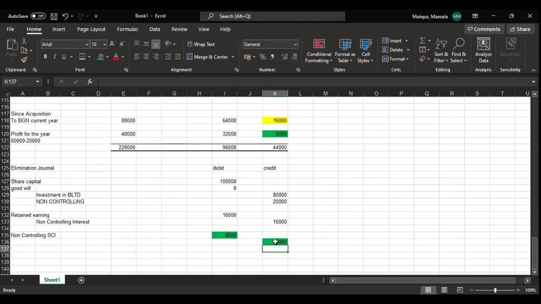So remember, in most cases, the SFP, we credit in most cases. So the non-controlling is gonna be credited on the statement of financial position, and it will be debited on the statement of change in equity, or on the statement of changes in other comprehensive income.